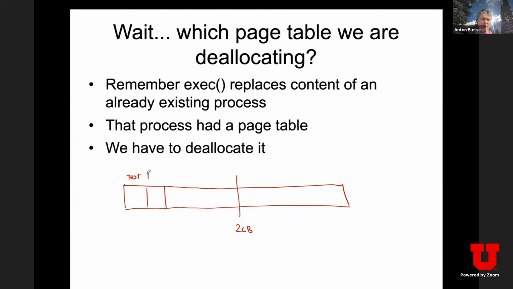Your data section goes here. You have a stack sitting on top, which grows this way. This is the guard page. We will talk about it today. And the heap is growing this way. And the size of the current heap is known in the proc as the sz variable, right? It keeps track of the size of the heap, which makes this part used and everything on top unused, right?